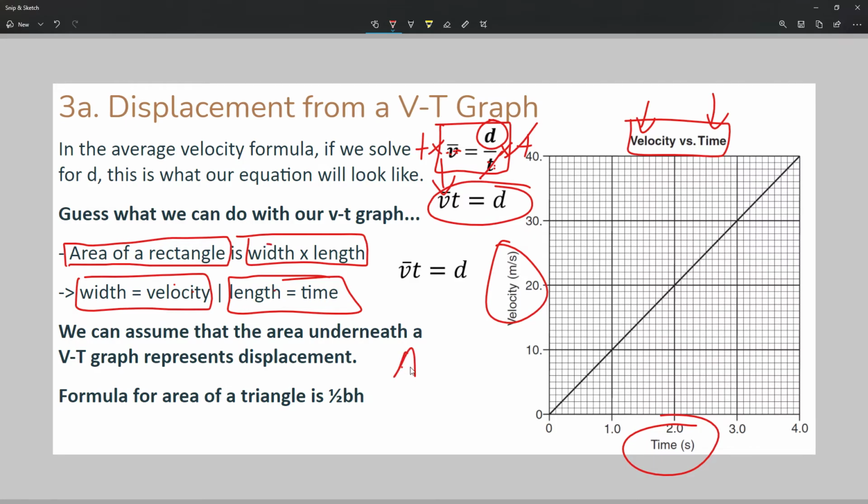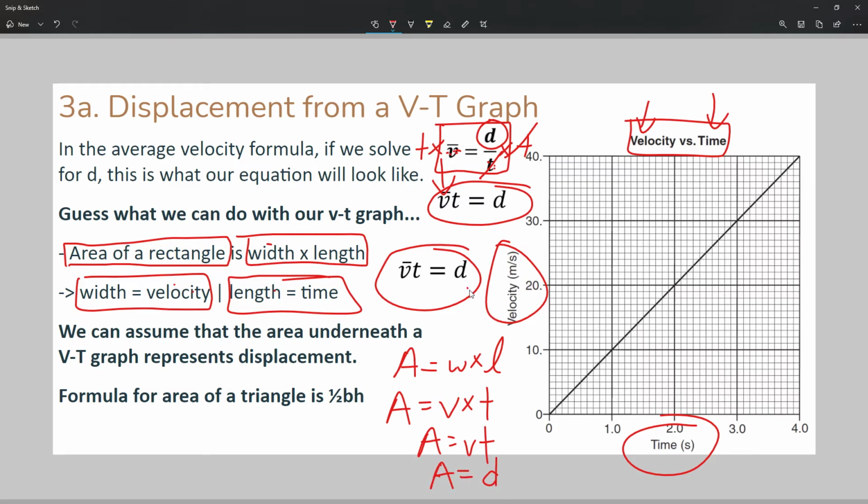So if area is width times length, with width v and length t, then area is vt. And if we know that d is equal to vt, we can just say a is equal to d. I'm substituting here.